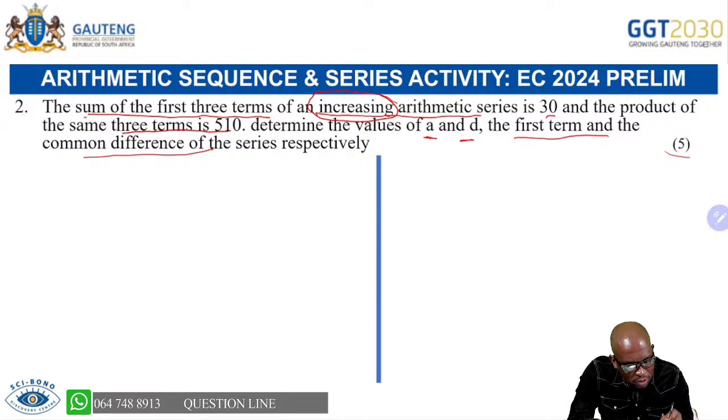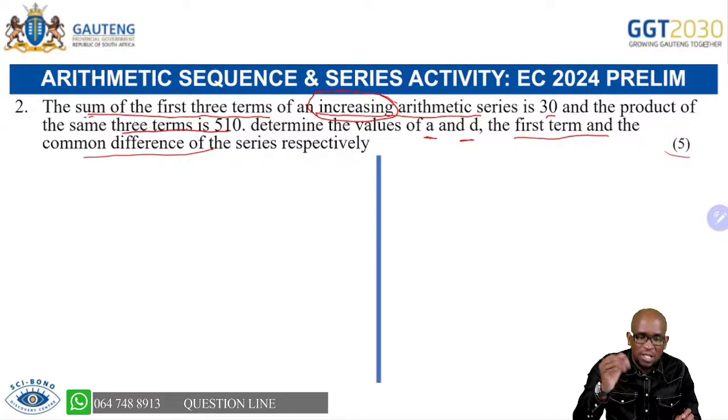If they are talking about the sum of the first three terms, we'll be adding T1 plus T2 plus T3, so you'll be adding A, A plus D, A plus 2D. That would be the sum.